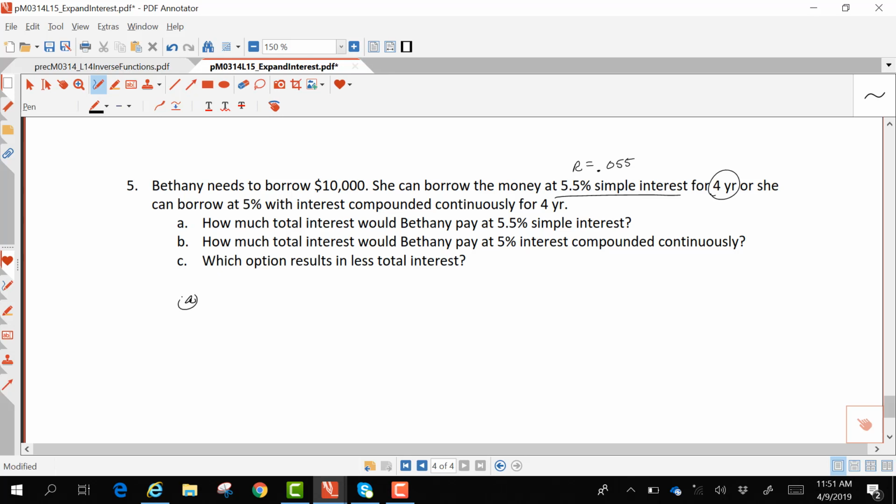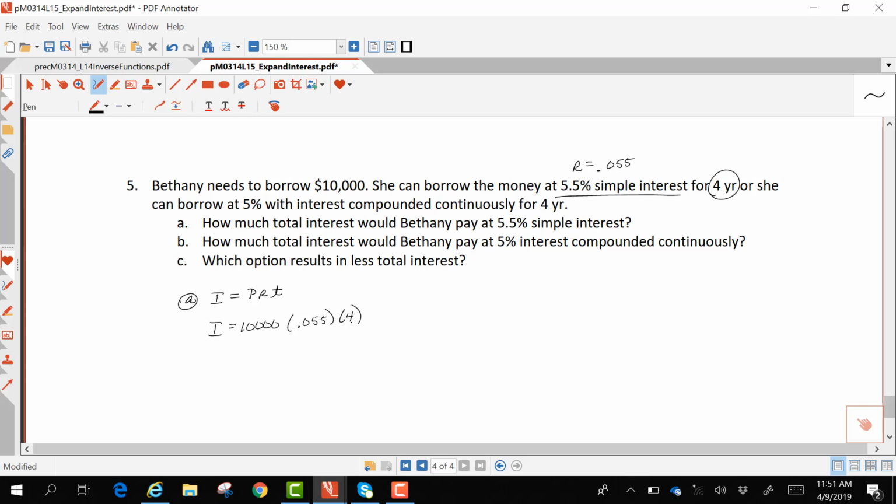Simple interest is a formula I equals P times R times T. P is the original amount of money, T is time in years. So your interest would be your principal of $10,000, your interest rate of 0.055 as a decimal, and your time of 4 years. This is going to be your interest amount.